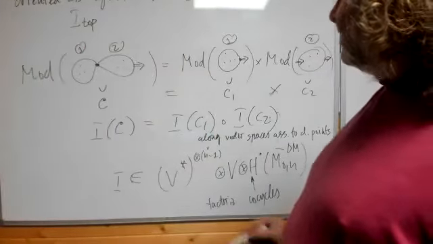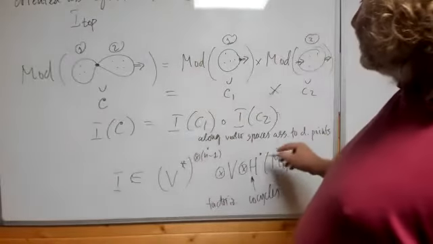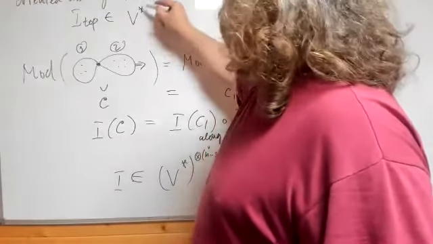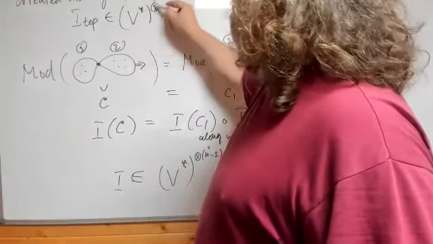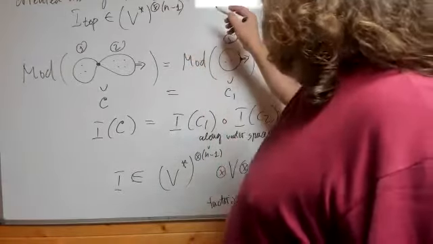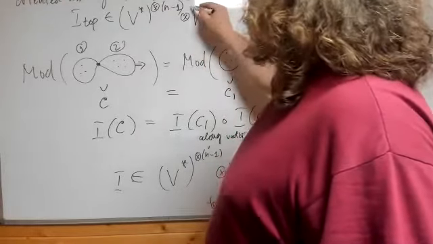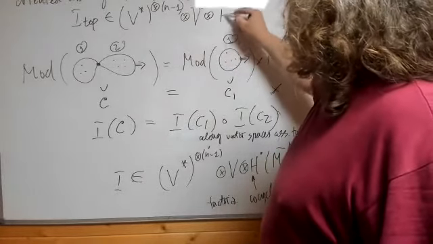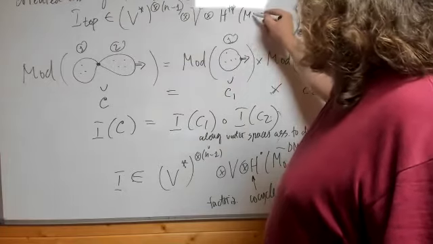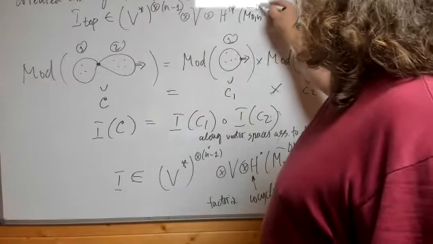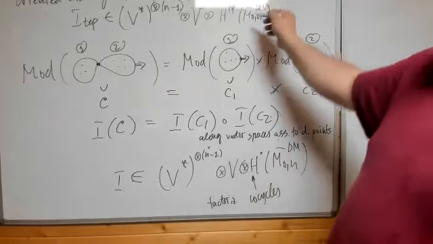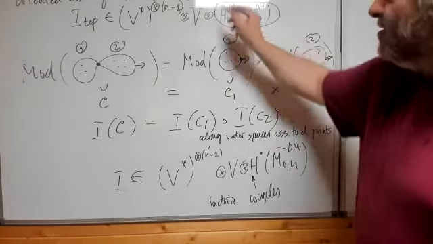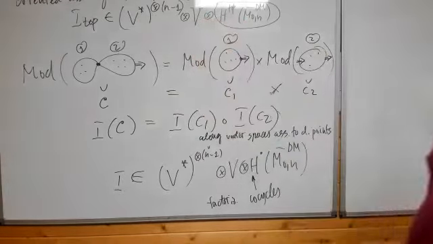So I top belongs to this space, top cohomology. So it's a number. So we evaluate it here. So it's a number. So we have such objects.